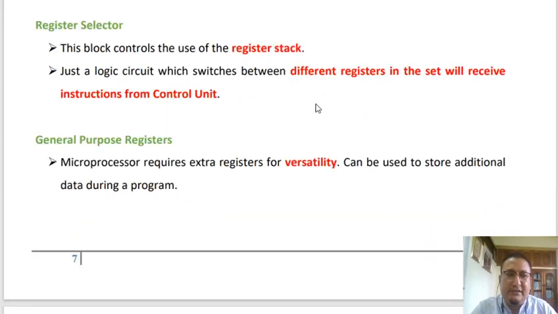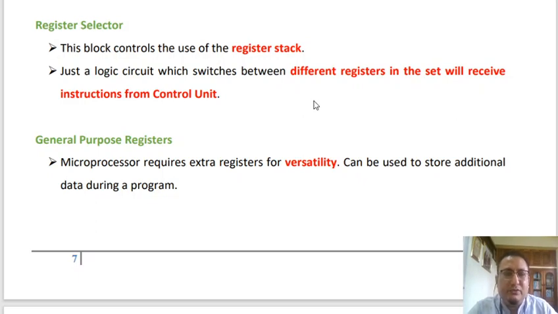Now the register selector. This is a block that is responsible for controlling the use of the registers in the register stack. There are various registers in the register stack, and based on the requirement of the instruction and the signal sent to the control unit, the register selector switches between different registers.